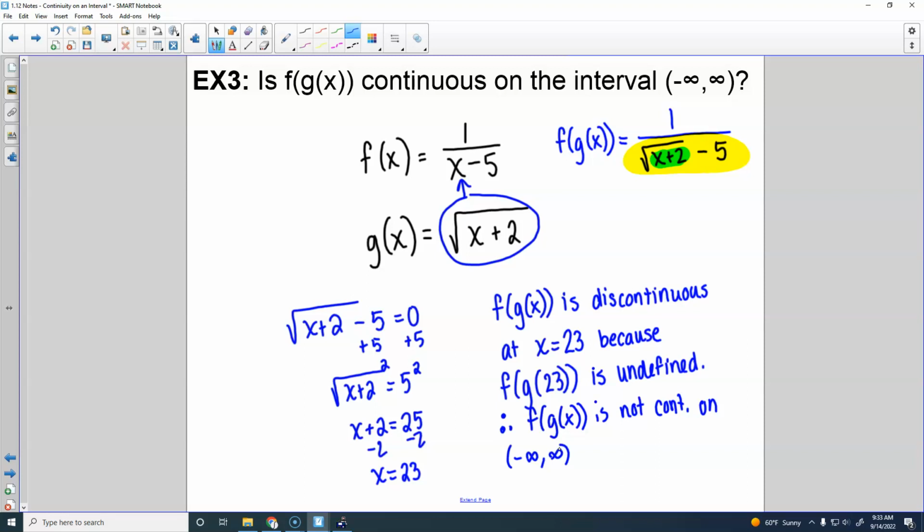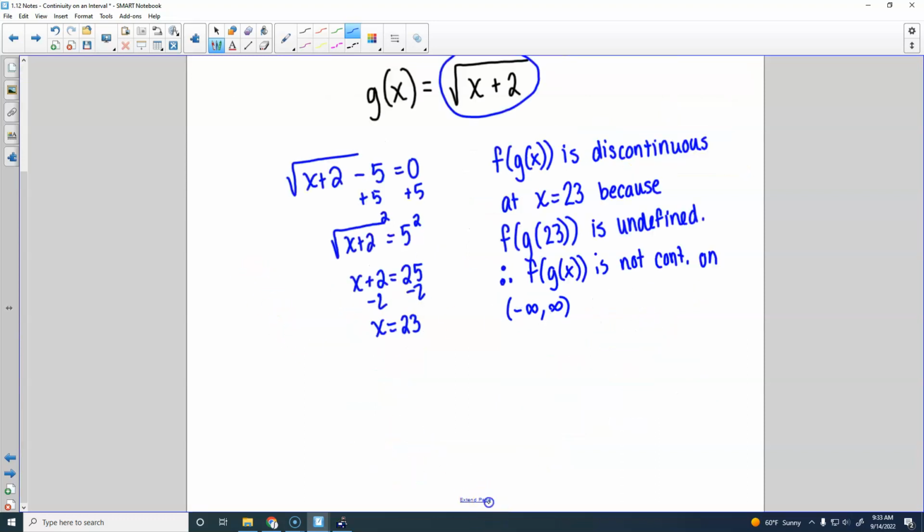This is one way this problem can be done. I dealt with the denominator equaling 0 here, but that is not the only thing that would give us a discontinuity. The other issue is that we got x plus 2 underneath the square root. But you could stop here.